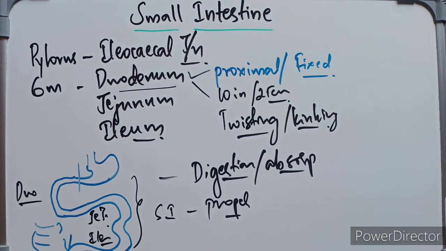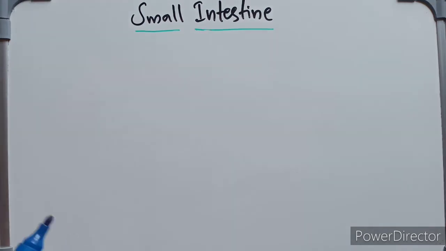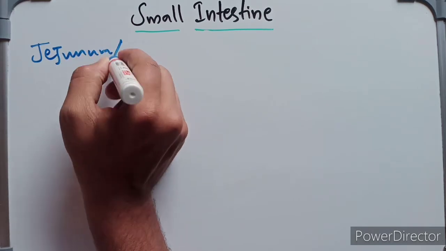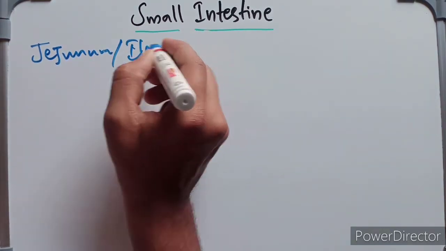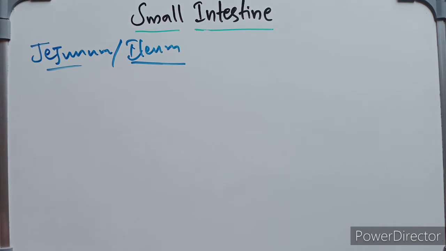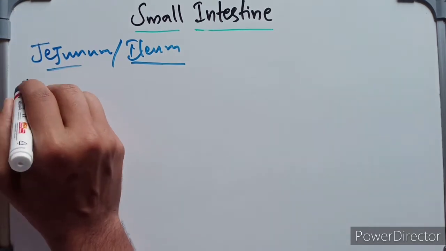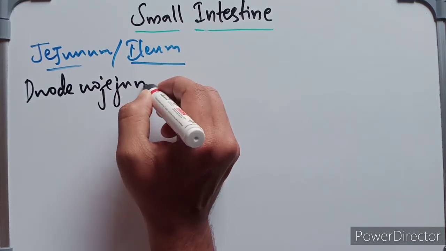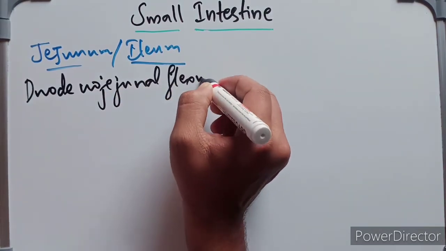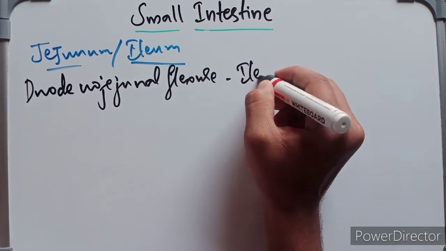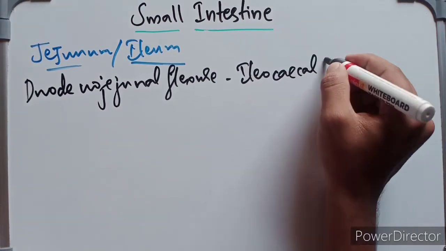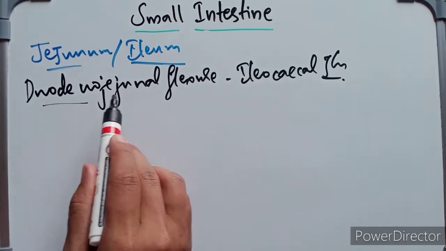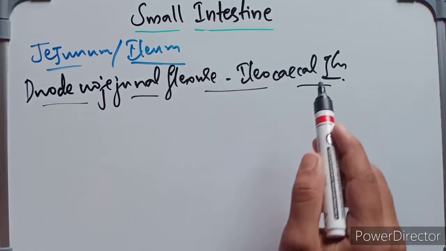Now we will discuss the jejunum and the ileum. The small intestine proper extends from the duodenojejunal flexure to the ileocecal junction.